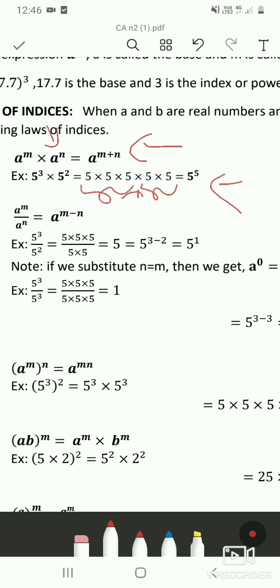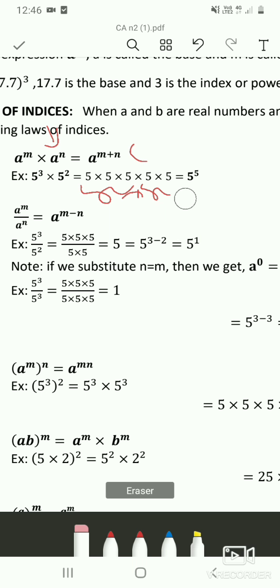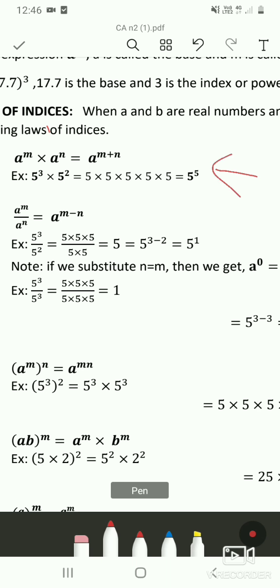Also using this law you will directly get this answer: 5 cube into 5 square equals 5 power 5. 3 plus 2 is 5, so you directly get this answer using the first law.